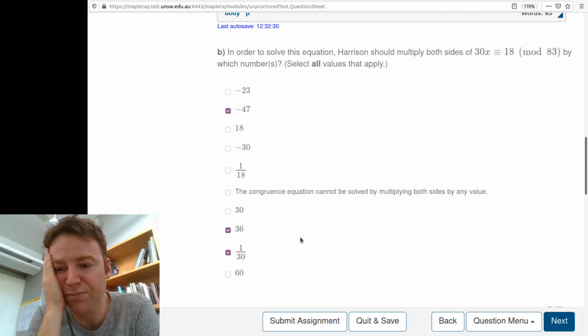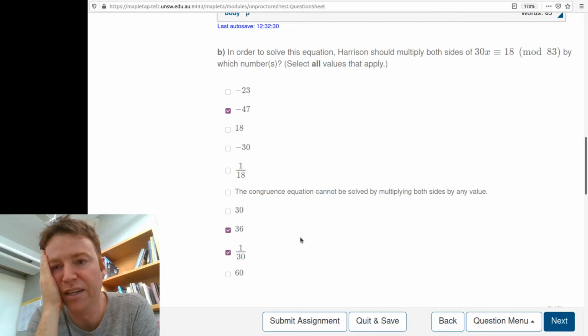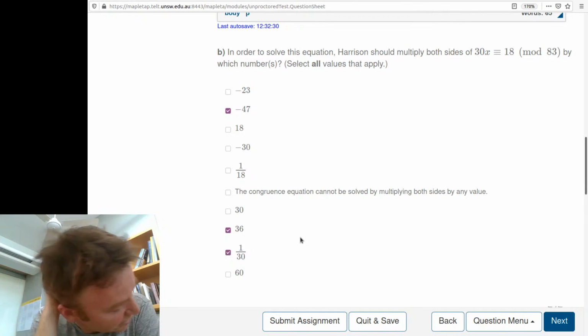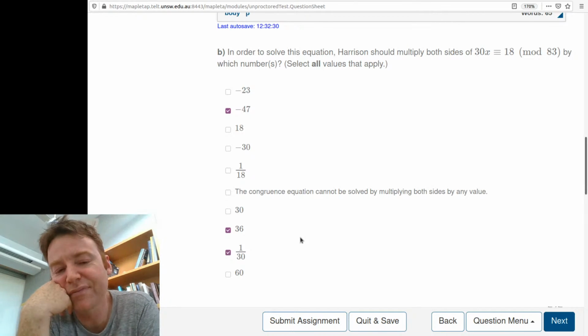You need to multiply both sides by 1/30, which is the same as 36, which is the same as negative 47 with your mod 83 goggles on. Oh. Yeah, I don't like the idea of multiplying by 1 over 30, although they're probably trying to give me a clue.